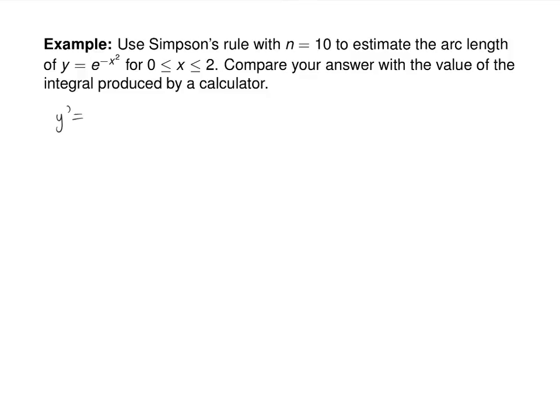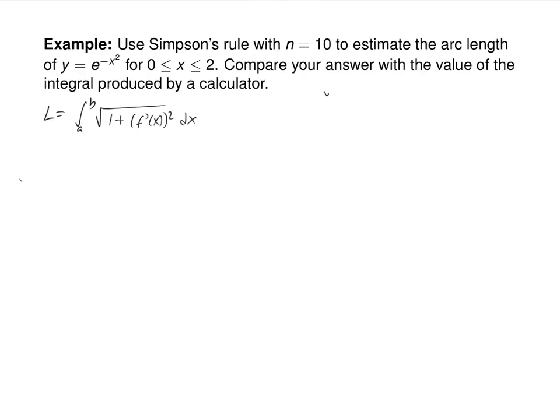So to find the arc length, what would you first of all need? You'd need the derivative, because the arc length formula is the integral from a to b of root 1 plus f prime of x squared.